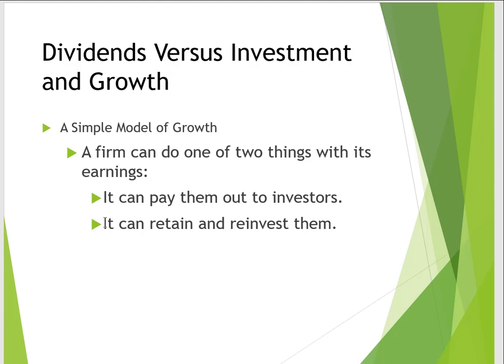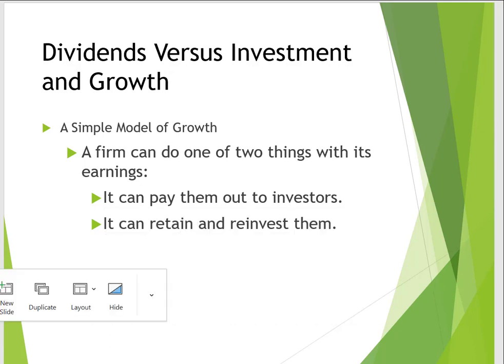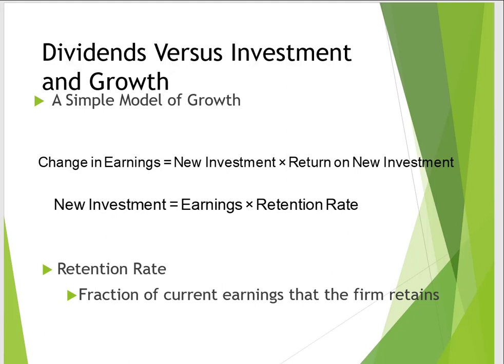So these are the dollars that we're interested in talking about. What happens when you reinvest the funds of the company? Here we have the change in earnings of the company is whatever that new investment is times the rate of return on the new investment. So if you invest more money and you know what the return is, you understand the change in earnings.